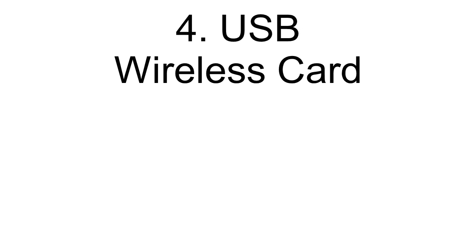Now, last thing is, this is optional depending on what you have. If you are running Kali Linux in a virtual machine, like VMware or Oracle VirtualBox, and you're doing it over Wi-Fi, you're going to need an external USB wireless card.